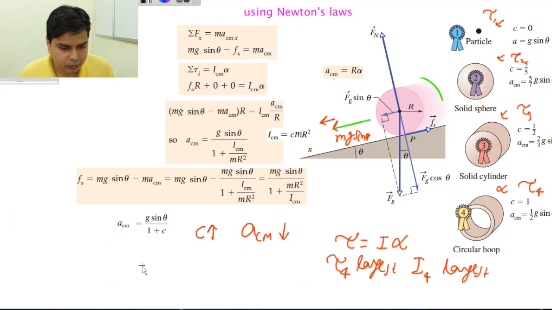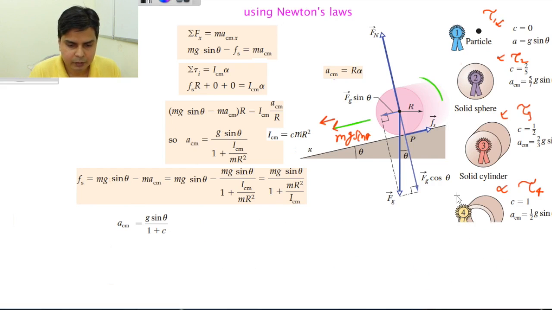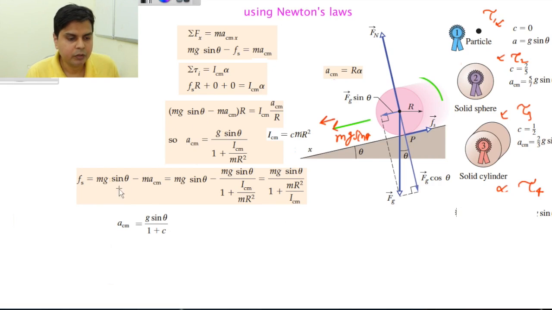Now in this question, what is the value of the force of friction? That is also a very interesting aspect. Let's see what is happening. This is the equation for Fs. I can substitute it here. I will get mg sin theta minus m ACM is equal to mg sin theta by 1 plus mr square by ICM. This is simple algebra.